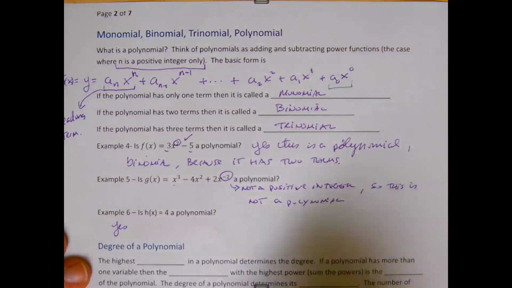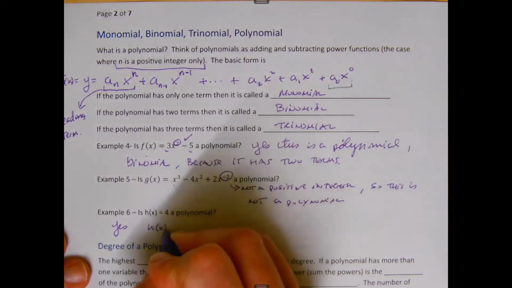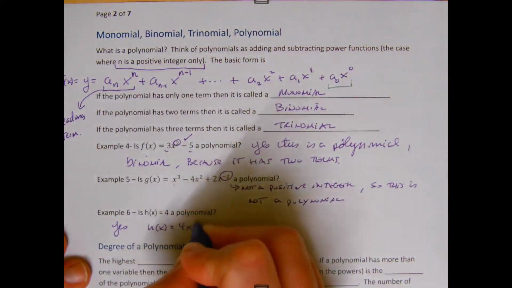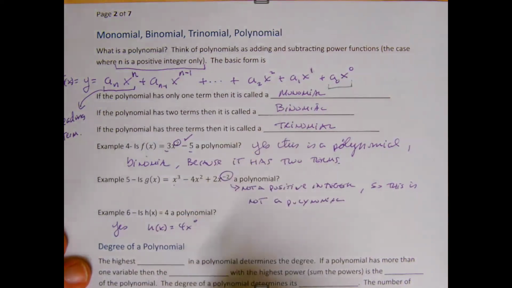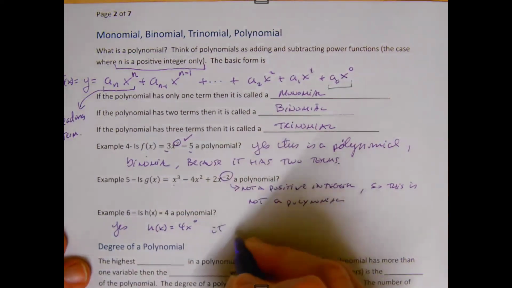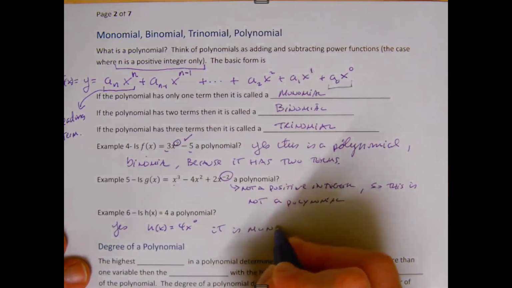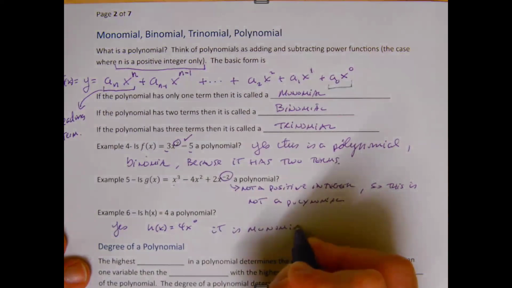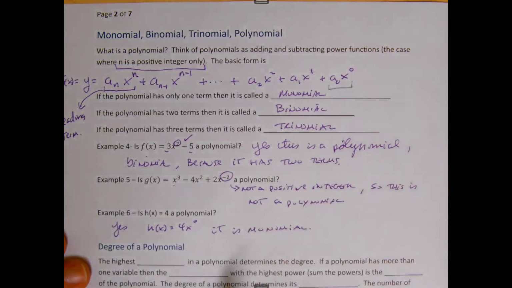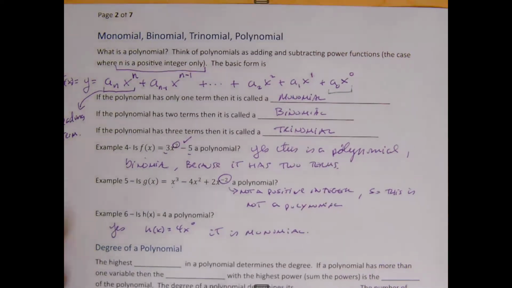So this really could be looked at as 4x to the 0th power. So it is a polynomial, and to be precise, it is a monomial, which means single term. Okay. So this one's not a polynomial. It has three terms, but it's not a polynomial.